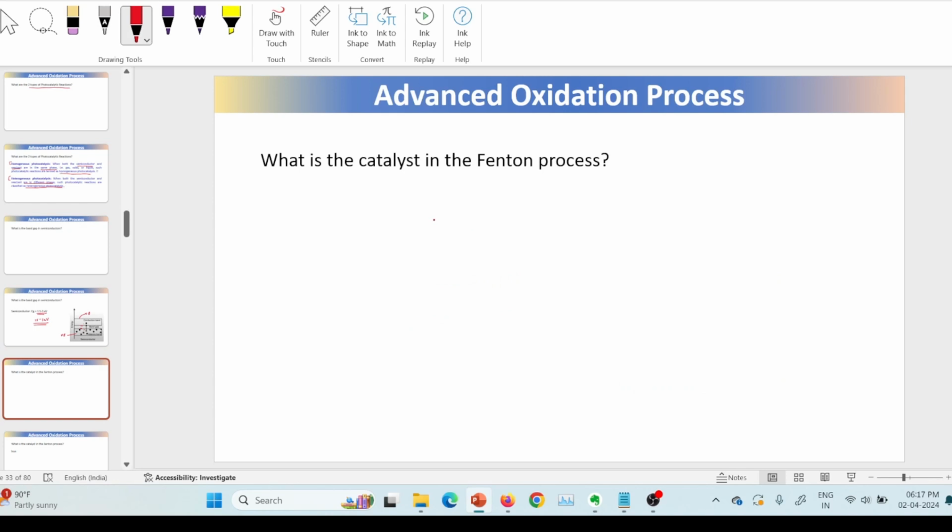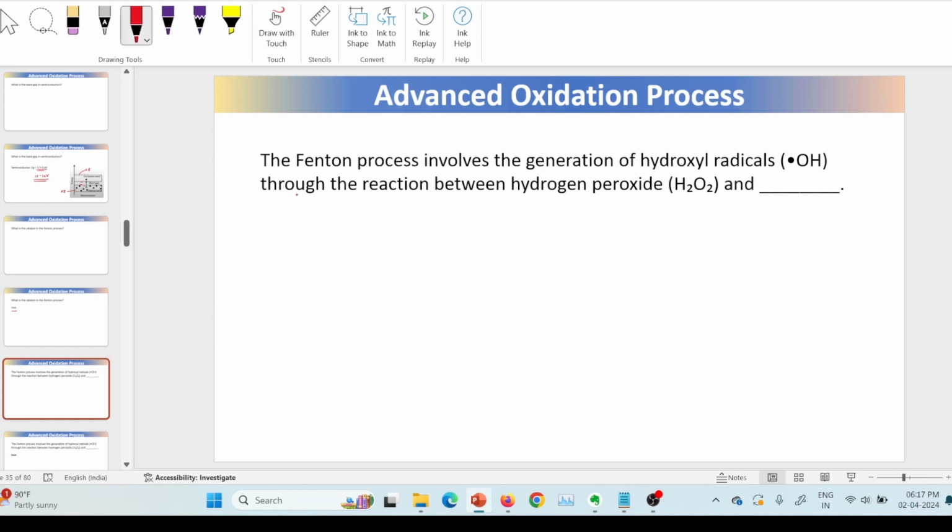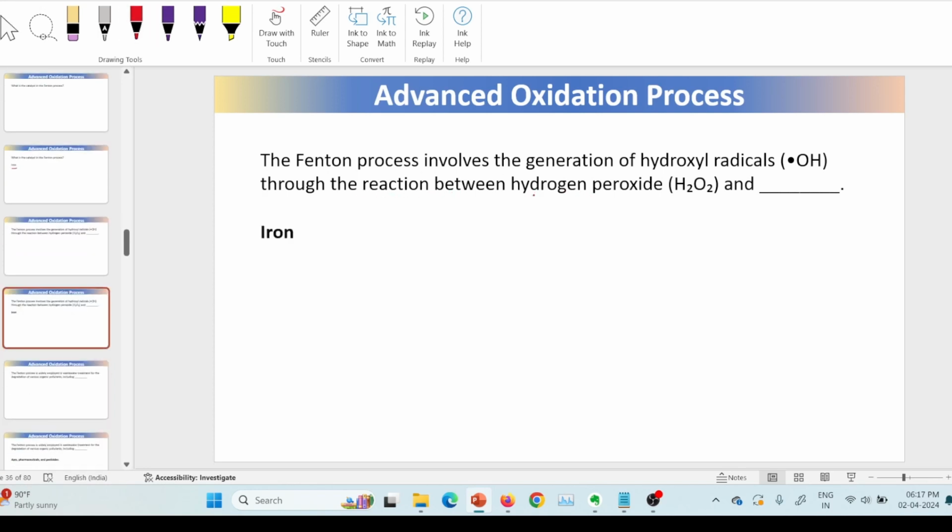What is the catalyst in the Fenton process? Iron is the catalyst in the Fenton process. The Fenton process involves the generation of hydroxyl radicals through the reaction between hydrogen peroxide and iron.